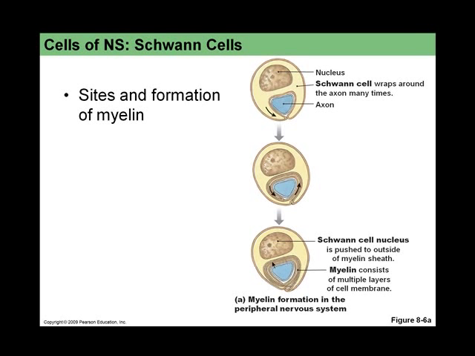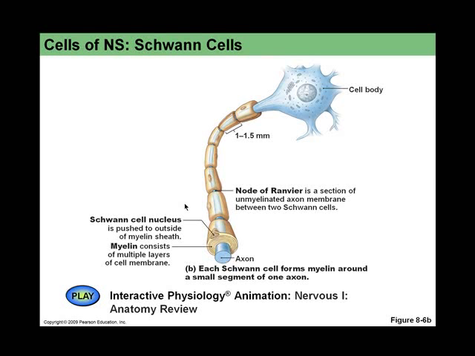And so this is a lot of lipid wrapped around it, and that myelin consists of multiple layers of the cell membrane, therefore it is a lot of lipid. So the myelin formation in the peripheral nervous system is illustrated in that photograph.